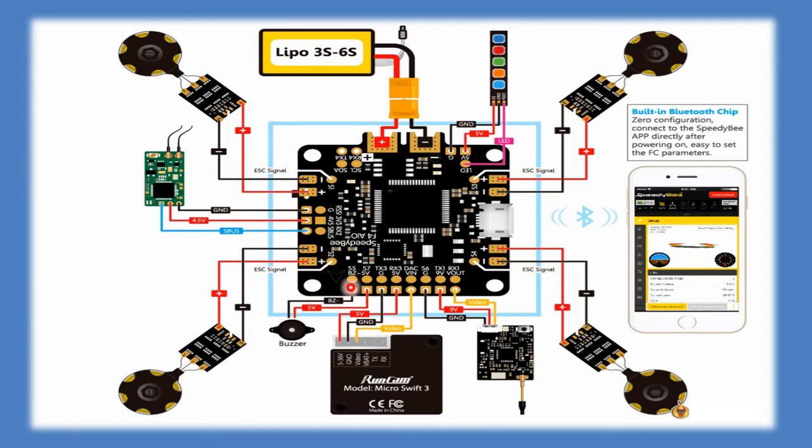This image shows the interfaces that are connected to the flight control circuit board. The lithium polymer battery is connected to the flight control circuit board. The LED strip is connected, and the motor with an ESC circuit is connected to the flight controller, and this is the video in connection from the camera, and this is the video out connection which goes wireless to the remote control unit.